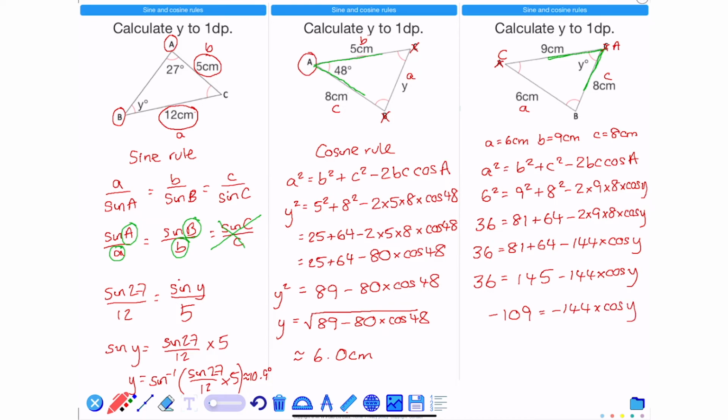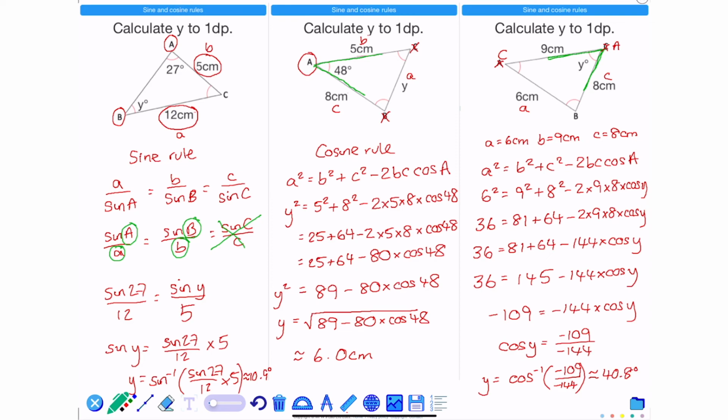Divide both sides by negative 144 and that gives me the cosine of y is equal to negative 109 over negative 144, and to find y, I need to do the inverse of cosine, which is arccos of negative 109 over negative 144. Grabbing a calculator and typing this in to one decimal place gives me y as being 40.8 degrees.